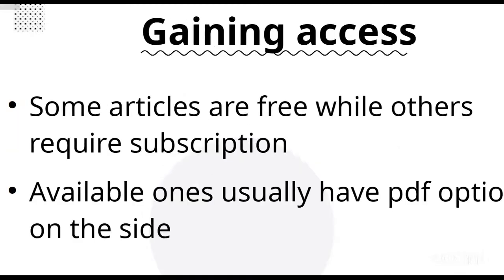Then gaining access. Again, I'm going to show this. For some studies, when you're searching in Google, you will find a PDF link on the side. If you click it, it will immediately show you a PDF, and these articles you can just directly download. But there are, of course, articles that are behind paywalls.